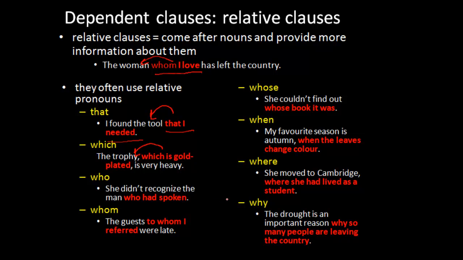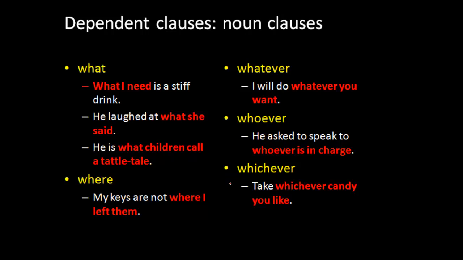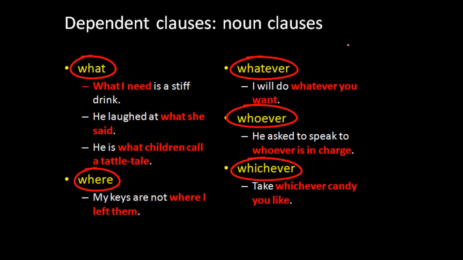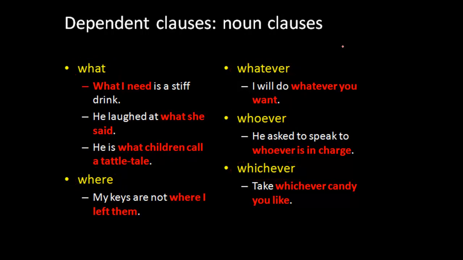Okay, my final example of a dependent clause is something called a noun clause. This is created with the words that you see in yellow: what, where, whatever, whoever, whichever. And the noun clause simply is a group of words that functions just like a noun would function in a sentence.